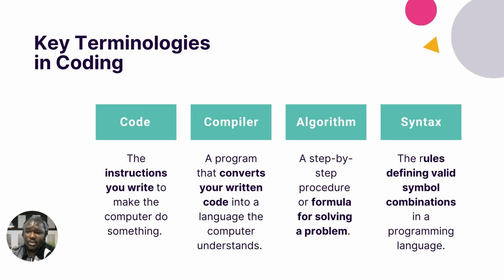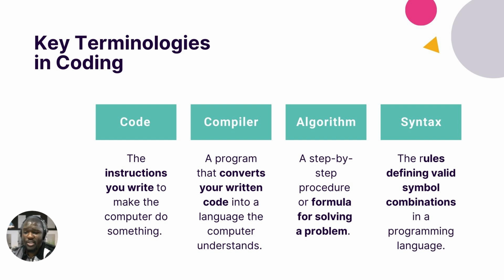Okay, so the key terminologies in coding which I would like you to understand are the code, the compiler, the algorithm and syntax. These are the key terminologies which you must be familiar with.